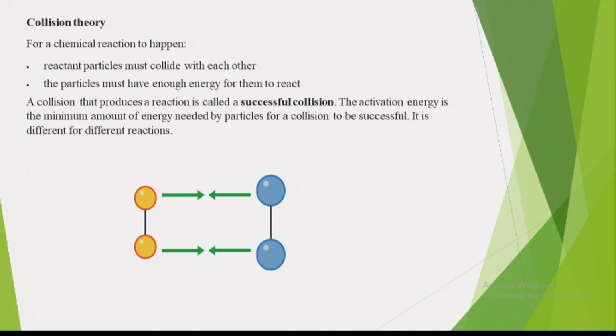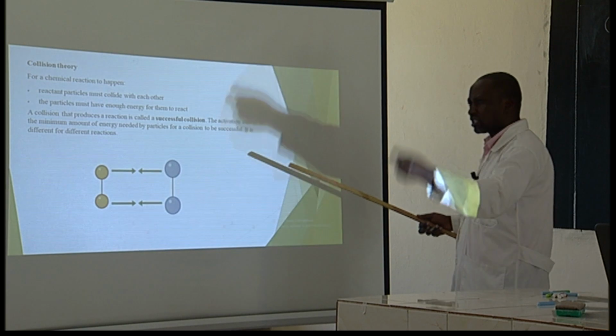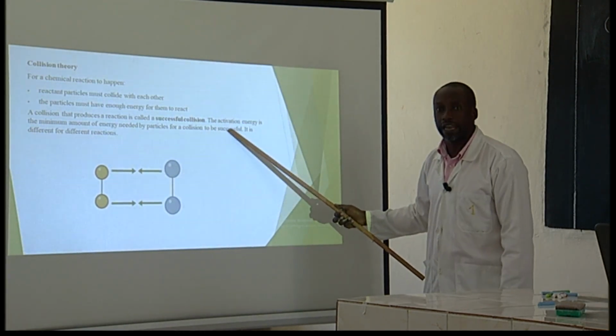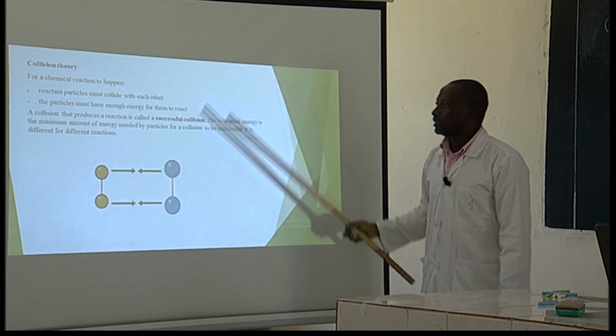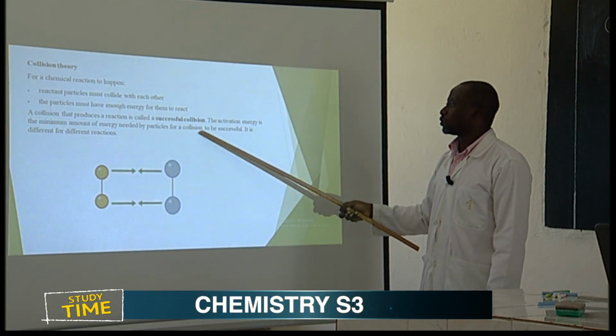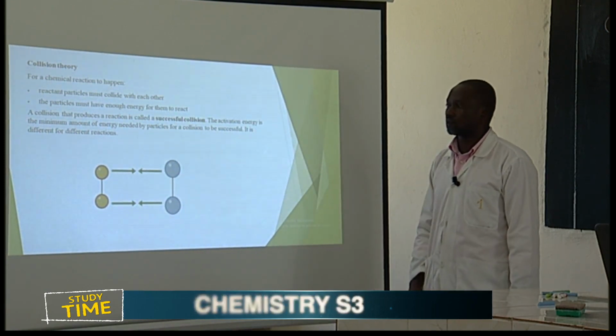As I've said, particles must have enough energy for a successful collision to take place and for the reaction to occur. This amount of energy that causes a successful collision, we call it activation energy: the minimum amount of energy needed by particles for a collision to be successful.